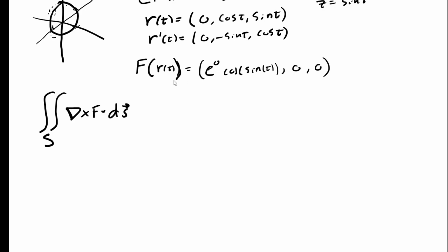And let's see. So Kevin, it's not going to make a difference, and you'll see why once I do this. So this is the integral over the boundary of f dot dr, which is the integral over the boundary of f dot r prime times dt. There's no dot there.